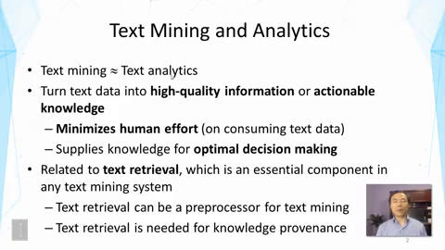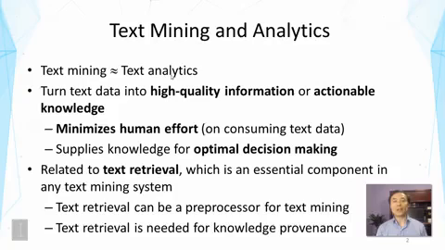In the case of high quality information, we refer to more concise information about the topic, which might be much easier for humans to digest than the raw text data. For example, you might face a lot of reviews of a product.